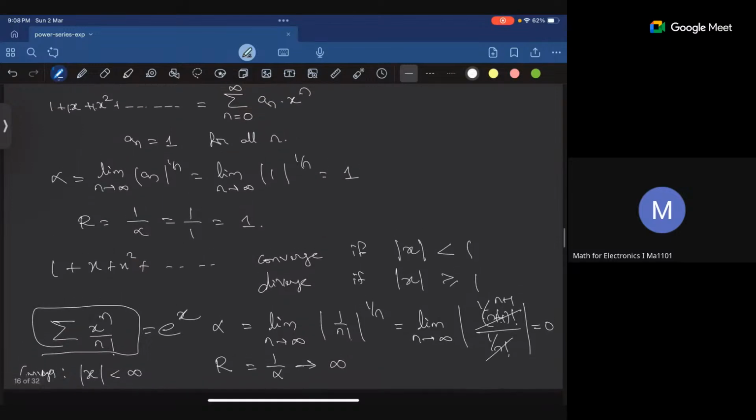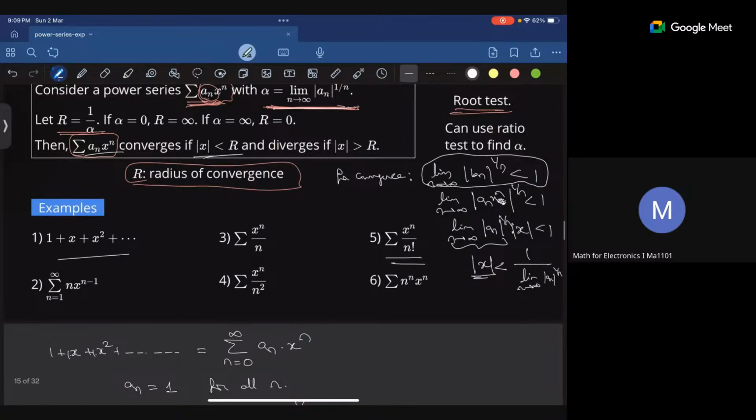So there are power series which will converge for any value of x, and there are power series which will never converge at all. When your alpha becomes infinite, your r becomes 0, and it tells us that it will converge for mod x less than 0. We all know that mod x is a positive quantity which should always be greater than or equal to 0. Mod x less than 0 obviously implies that no matter which value of x you take, it will always diverge.